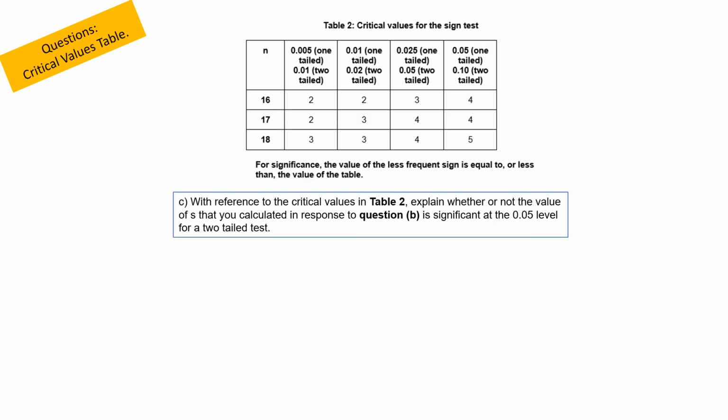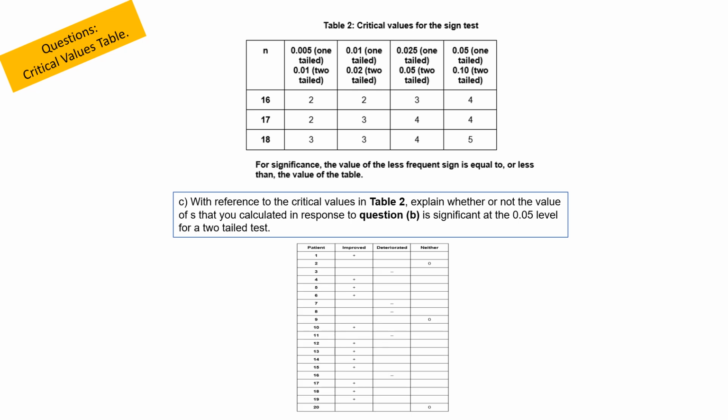Question C, with reference to the critical values in table 2, explain whether or not the value of S that you calculated in response to question B is significant at the 0.05 level for a two-tailed test. So first thing we need to do before we even look at the critical values table is establish the N value. So going back to our previous table, N value is the number of participants that show a difference.